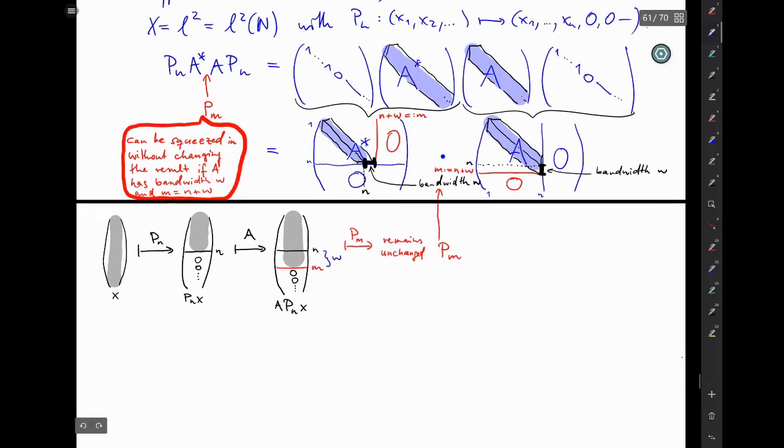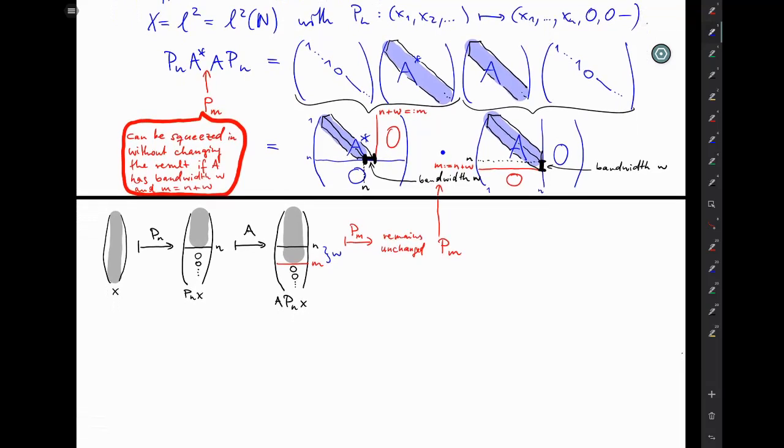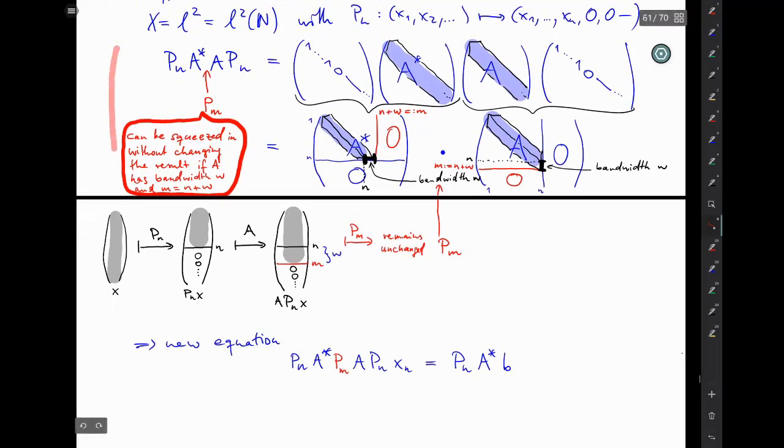Okay, so let's study this new system with this squeezed in PM. And now let me make one more comment. Above here and again here, we argued that this operator here, PMAPN, is the same as the operator APN without the red PM, if A is a band operator of the corresponding bandwidth, or in other words, if A can transport information only over distances less than or equal to w.